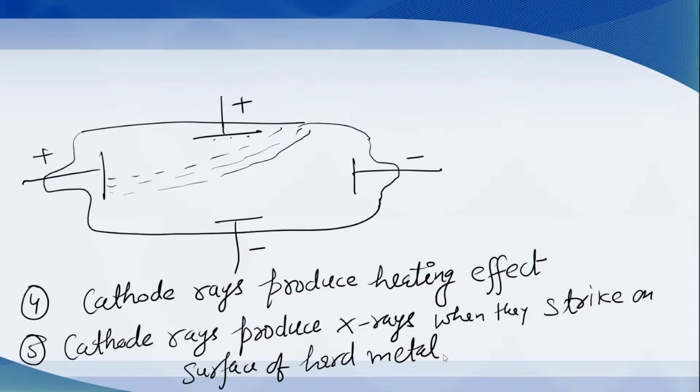That's why rays are emitted, which are called X-rays. And hard metals such as tungsten, copper, molybdenum, meaning heavy metals. When they strike the heavy metals, only then do they produce X-rays.